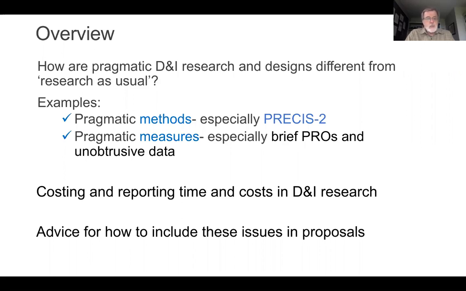Then we're going to switch gears and talk a little bit about costing, health economic issues, and especially focus on reporting time and cost in D&I research. In each section, I'll conclude with a few bullet points. Again, we can discuss in class, but a few key bullet points for our advice about particularly how to handle these in your grant proposals.